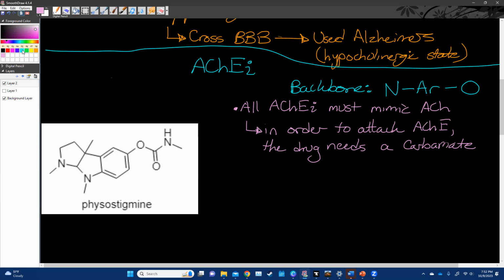The function of the carbamate here, part of it is we are increasing stability.